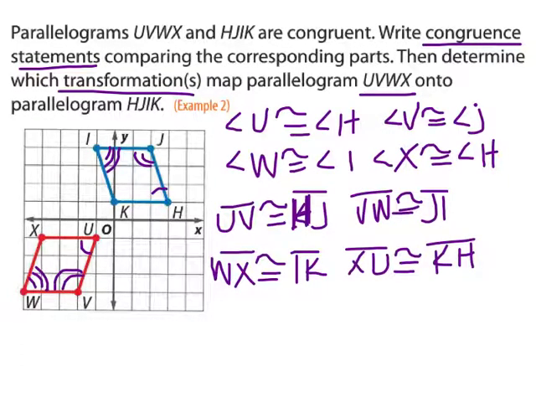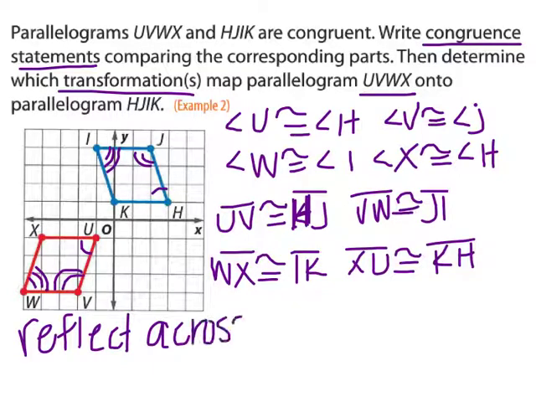And then there's more than one answer, but to get from the red figure to the blue one, you could reflect across the x-axis and then translate 4 units to the right.